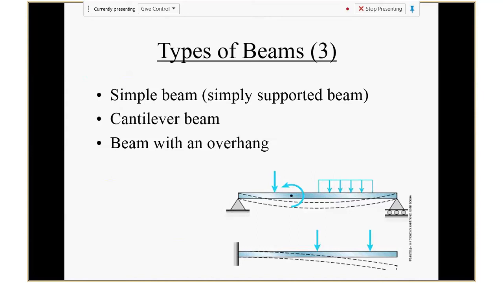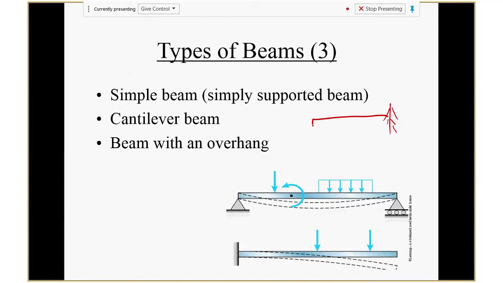All right. So one is what we call a simple beam. That is both ends are pin. So you have what we call a simple beam. Another one is free, fixed. We call that the cantilever beam. So I'll just draw it here.